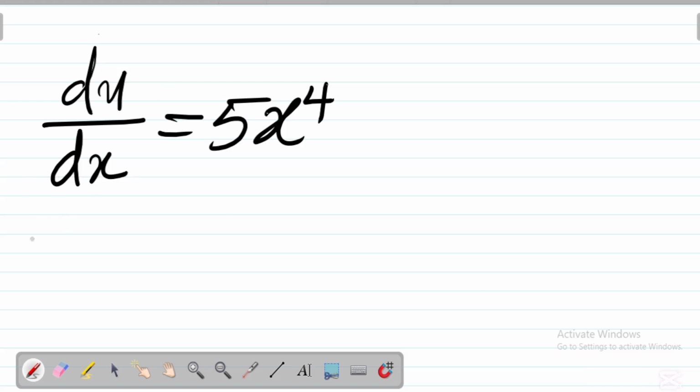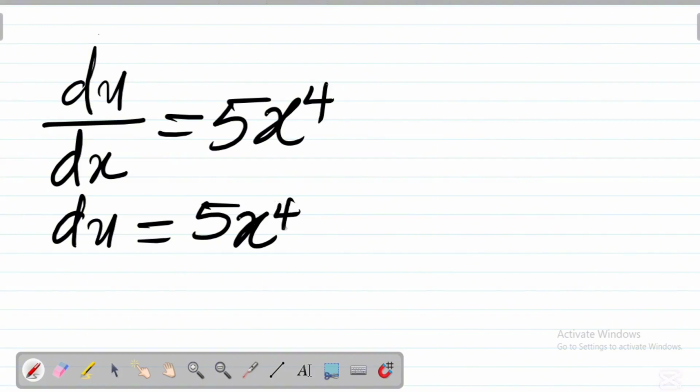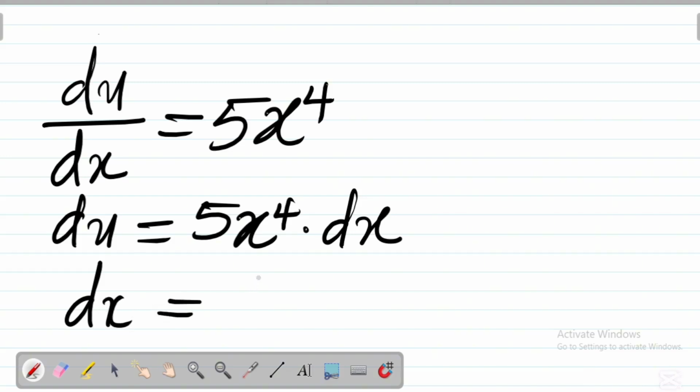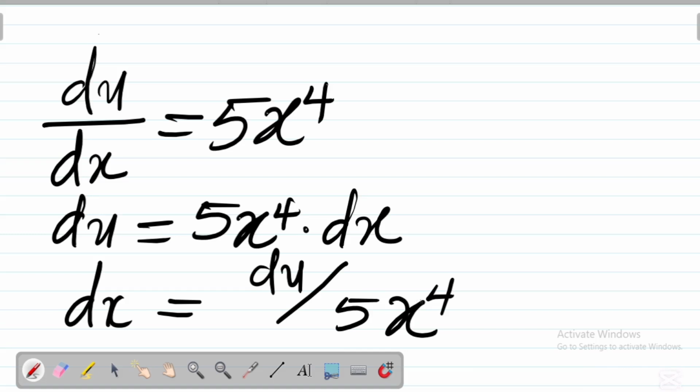So if you cross multiply, du becomes 5x raised to the power 4 multiplied by dx. So let's find the value of dx. dx becomes du all over 5x raised to the power 4.